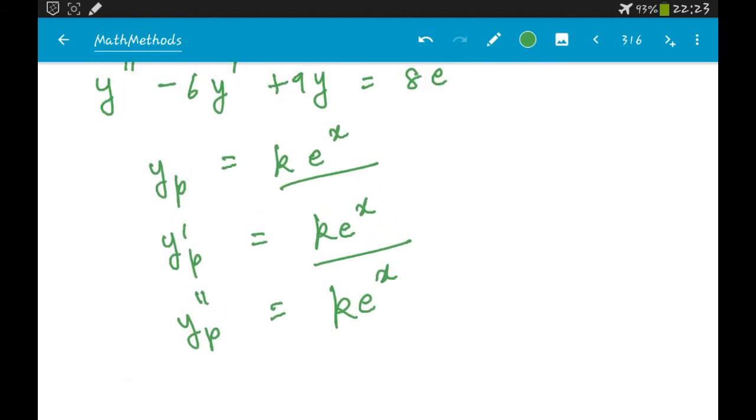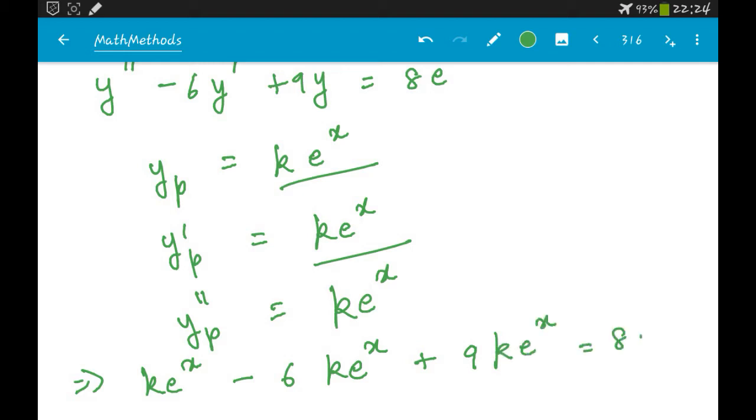So now let's substitute yp instead of y. You will get k e power x minus 6 k e power x plus 9 k e power x is equal to 8 e power x. Okay, sorry, there's already a k here, so I don't know why I wrote it again.